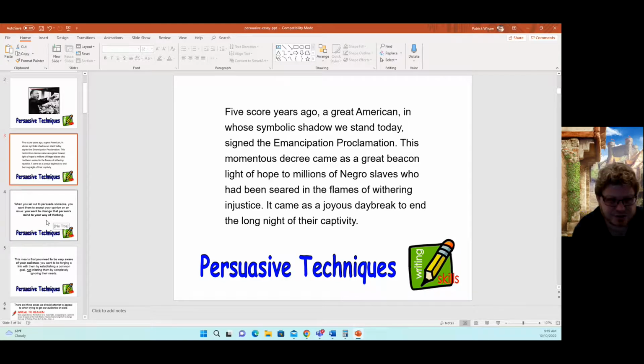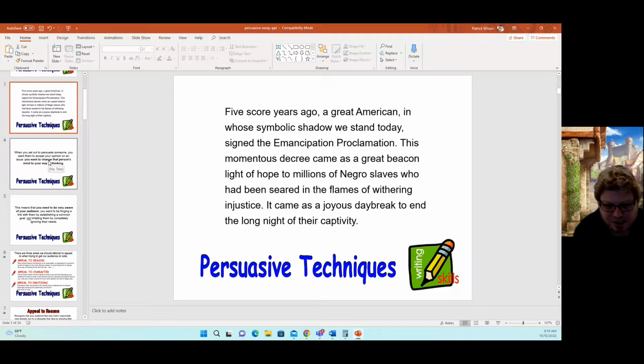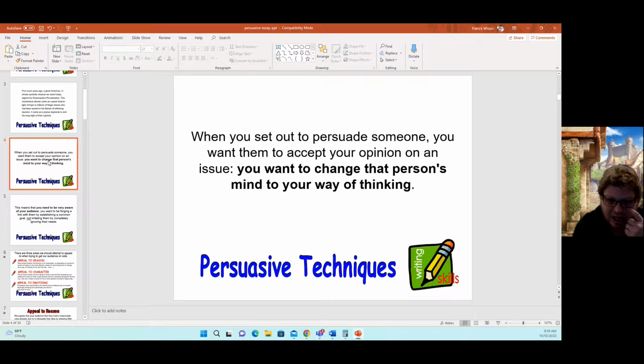If you study their techniques, they're basically getting into the persuasive avenue here. So when you set out to persuade someone, you want them to accept your opinion on an issue. You want to change the person's mind to your way of thinking. So you're going to have to use the logos, the ethos, the pathos to be able to do that effectively.